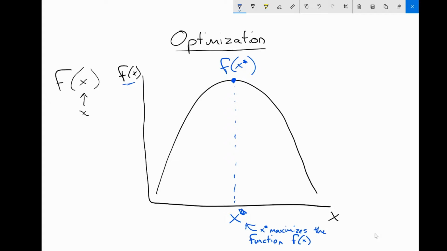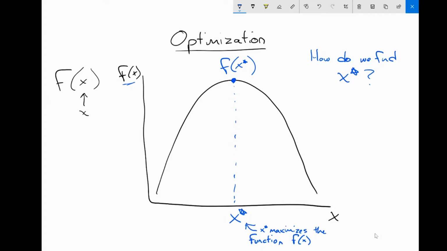X star is the value of x that gives us the highest amount of f of x. What we want to do in today's lecture is figure out how we find x star. This is going to be very important. We're going to do it all the time in class. We're going to use this method called optimization to allow us to find the x star of some function.